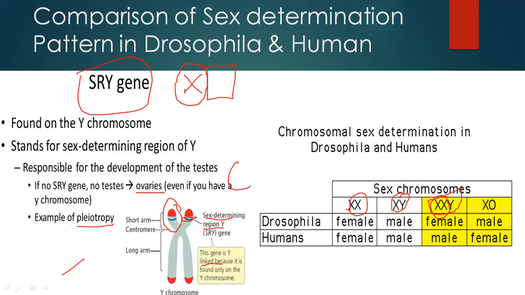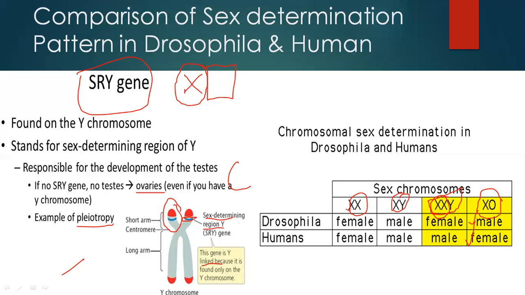And the next one, if the Drosophila has this type of structure where a Y chromosome is not present, that is male, but a sterile male. And if that happens in humans, that is a sterile female.